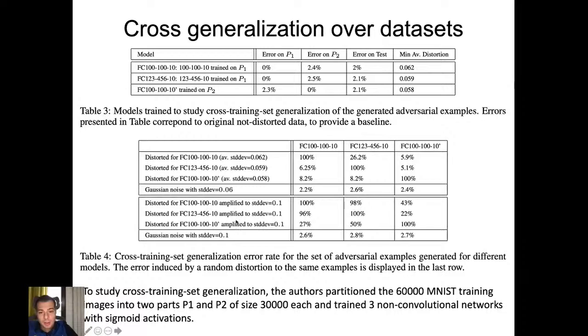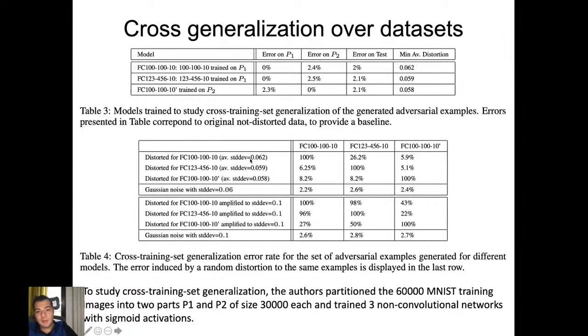Okay, and here they also have a distortion with a higher standard deviation, and these can actually provide even worse results, even across the databases. So if you're allowed to go to a higher standard deviation, you will see that the error rate grows higher.